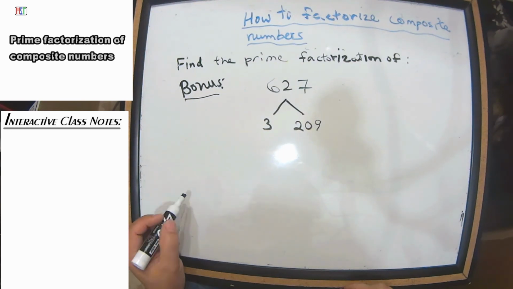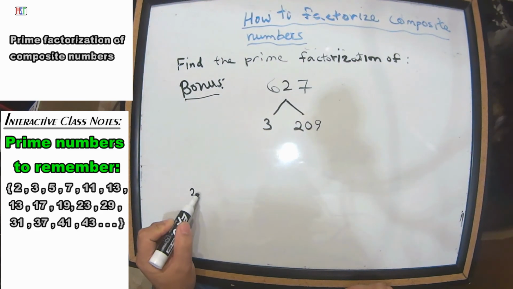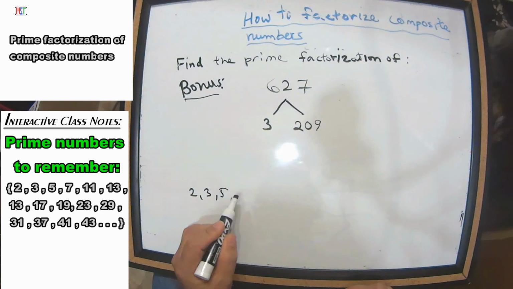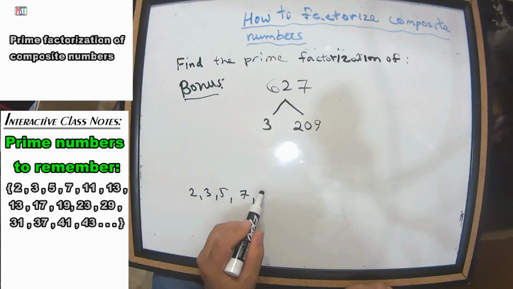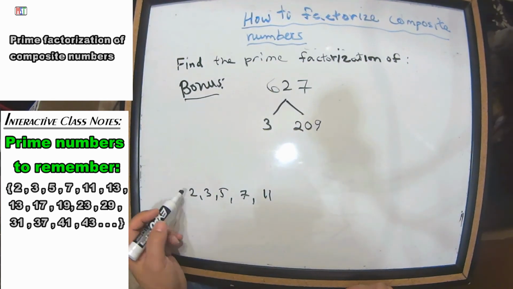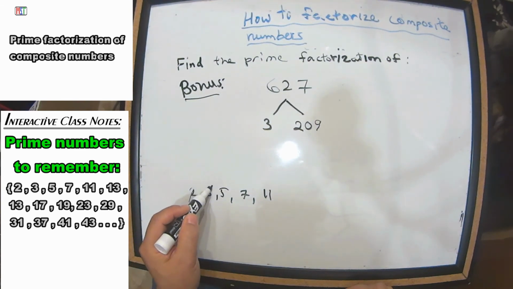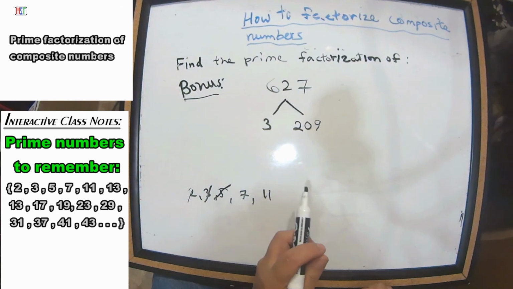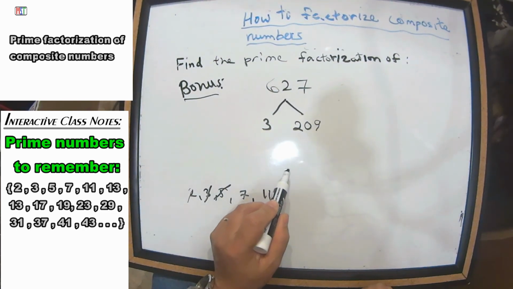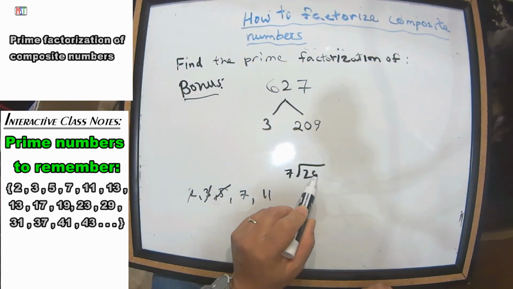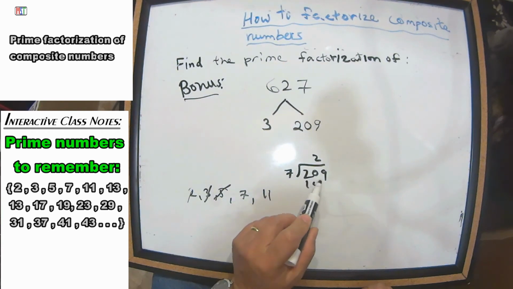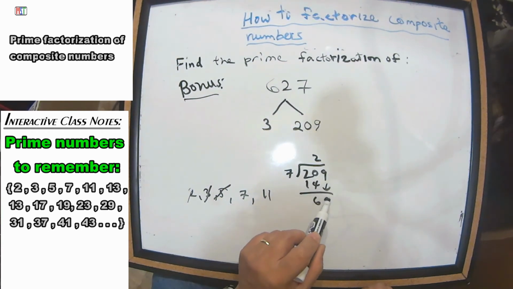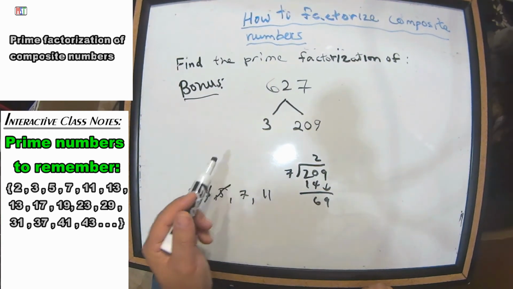What about other prime numbers? Well, remember we have a 2, a 3, a 5, a 7, and 11, right? Definitely not 2, and we just said that 3 is not. 5 definitely not. 7, let's see, 7 goes into 20 twice, and then you have, see, let's do that. Okay, so 7 cannot get into 209, so it cannot be 7.